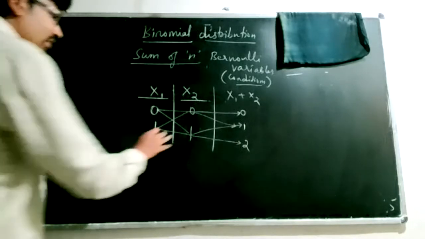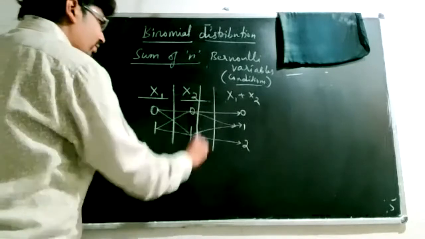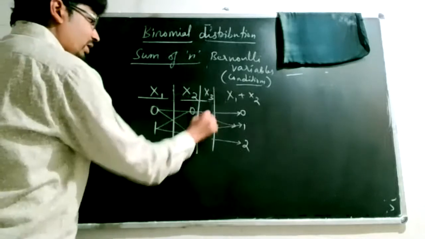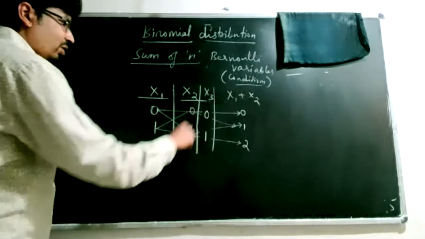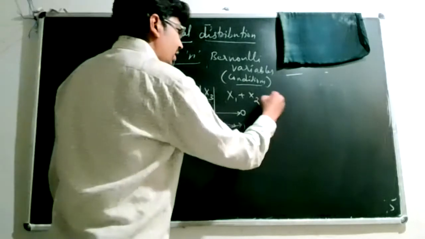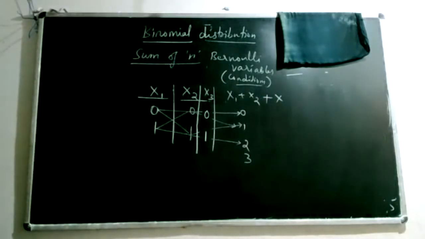So as said, you will have to think about all possibilities. Now, if I include the next variable x3, which is also Bernoulli, then if you look into the various combinations, you'll have 8 such possibilities, but the total will produce 4 different values, 0, 1, 2, 3.